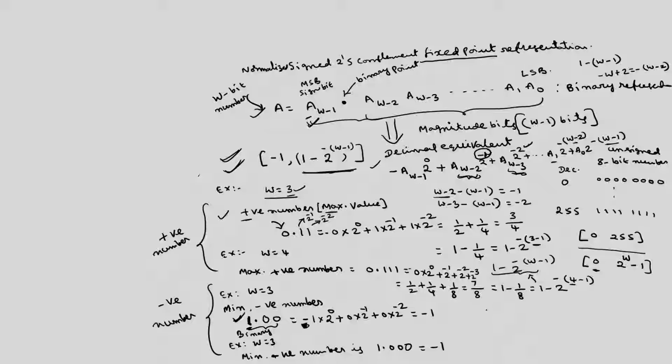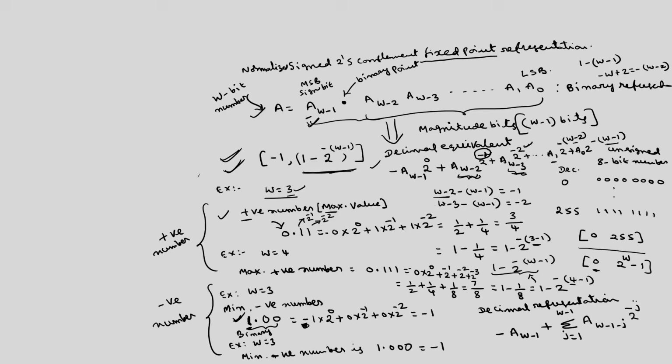So, this decimal representation can be simplified as: minus A_{W-1} 2^0, which is 1, plus, I will make this as sigma, sigma j equal to 1 to W minus 1 of A_{W-1-j} into 2^{-j}.